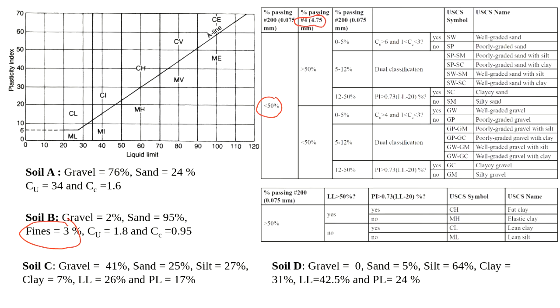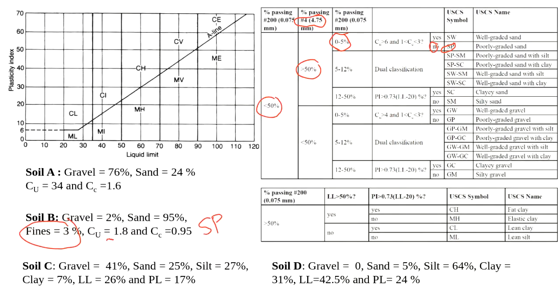Yes, so it's going to be here this way. Then we have 3% of fines. It's in this box. And then we're going to answer this question: Cu more than 6? No, right? So the answer is no. So SP. So in this case, we get, I guess, the same answer as the other classification system.